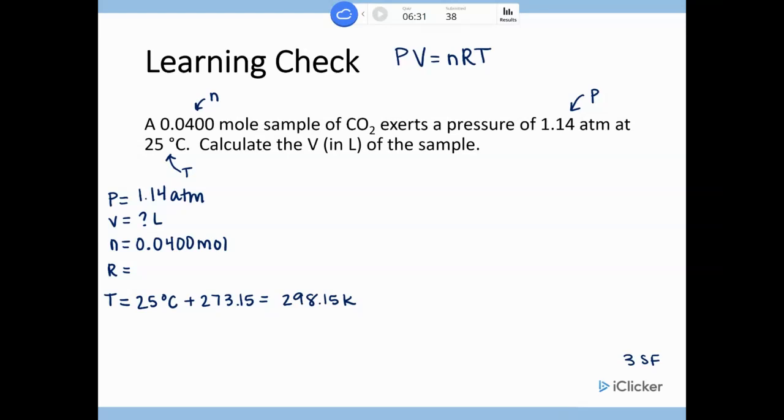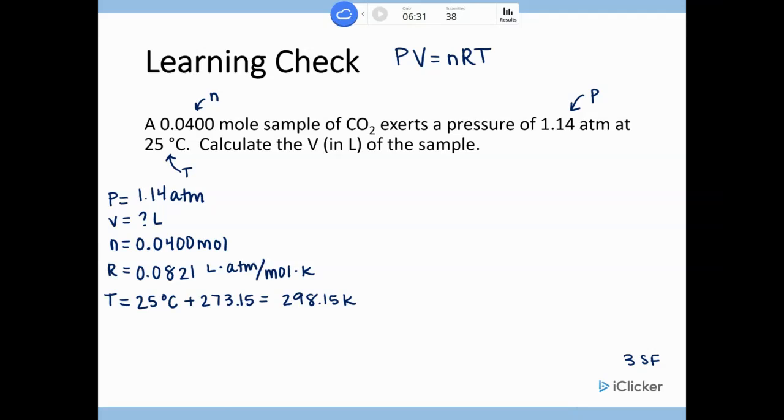Now we need to use our gas constant. For this question, we're looking for volume in liters, and we have the pressure in units of atmosphere. So we use the R value that incorporates those two units, volume in liters and pressure in atmospheres. So we will use 0.0821 liters times atmosphere divided by mole times Kelvin.